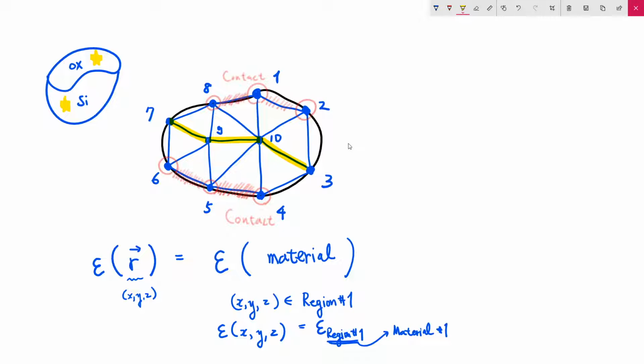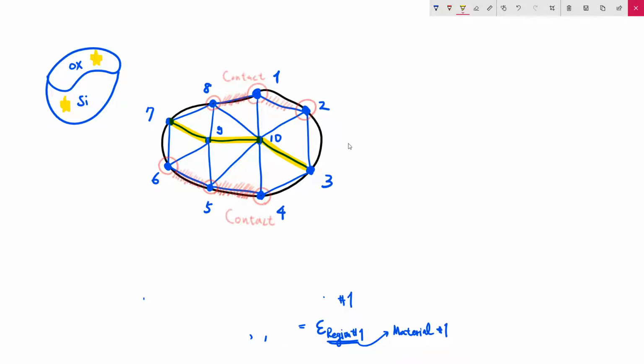So now you can understand your element file will be a little changed. Previously you didn't have any information about region, but now they are different. For example, consider a triangle 6, 9, 7 and 7, 9, 8.